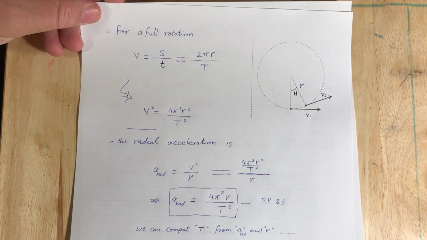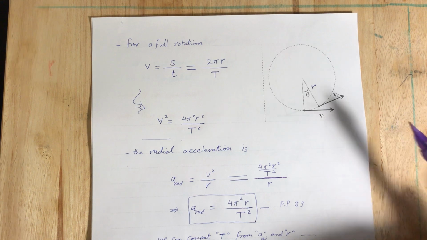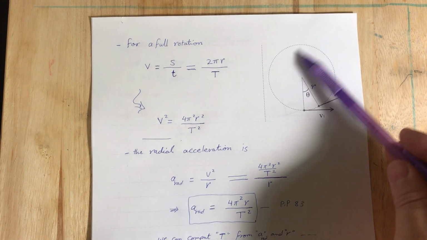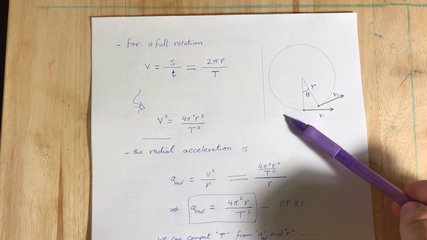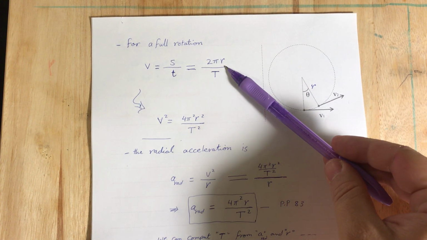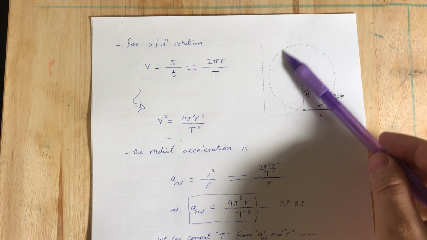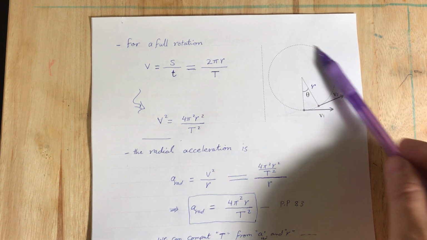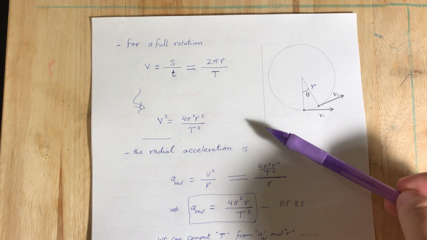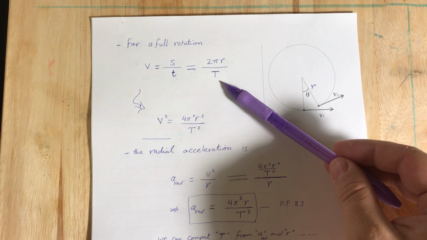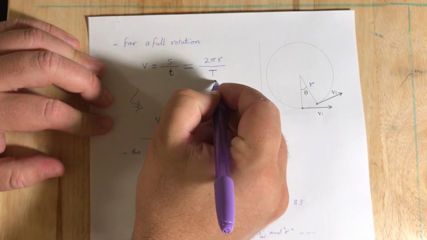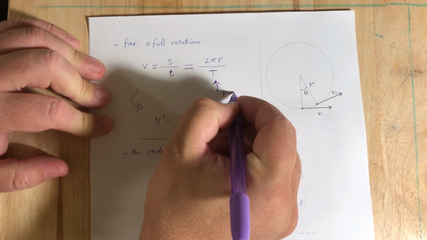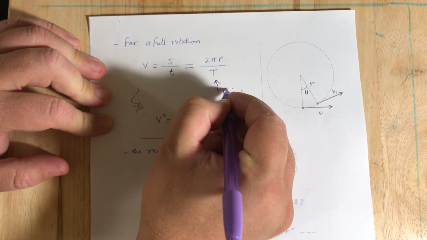Now again, the circumference of the circle, or the track, is 2 pi r. The time to make one total rotation is capital T, which we call the period, the period of rotation.